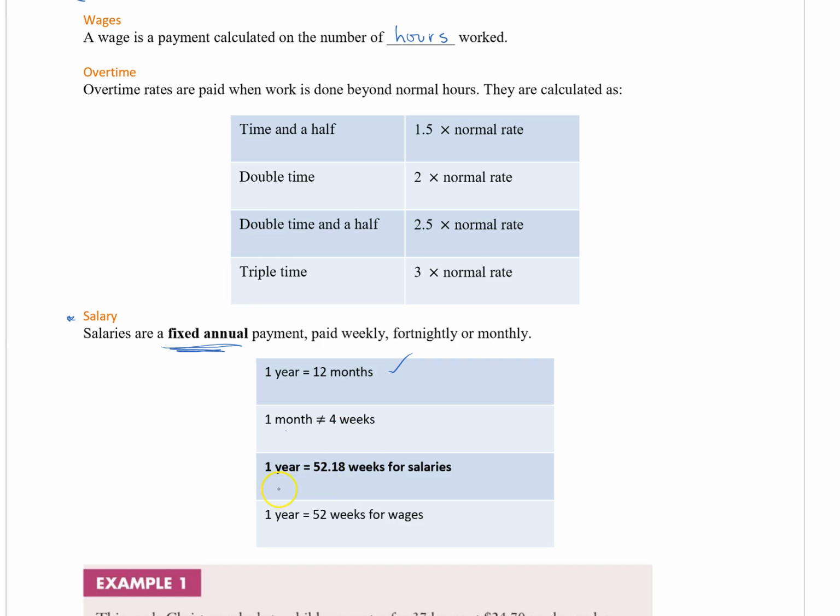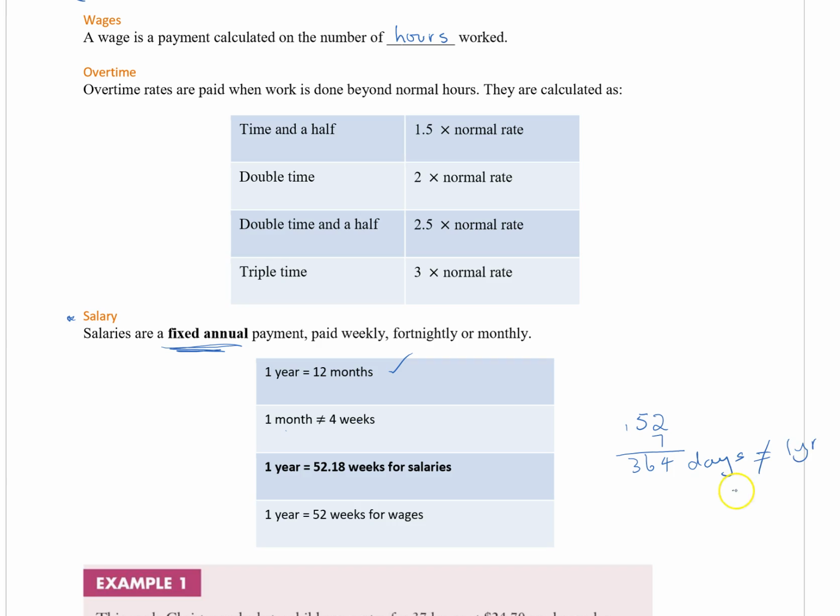however, that 1 year in terms of a salary is now 52.18 weeks because you can see that 52 weeks times 7 days is 364 days, but we know that that is not 1 year.